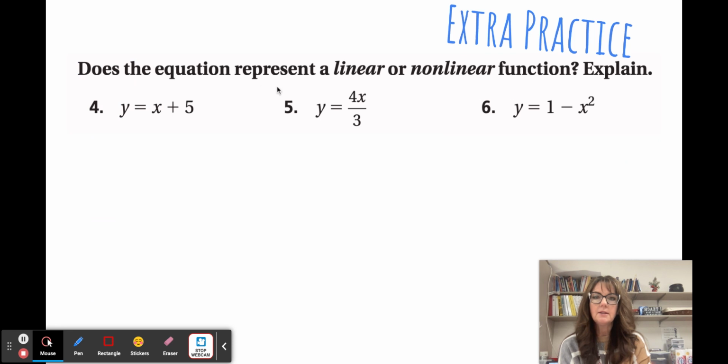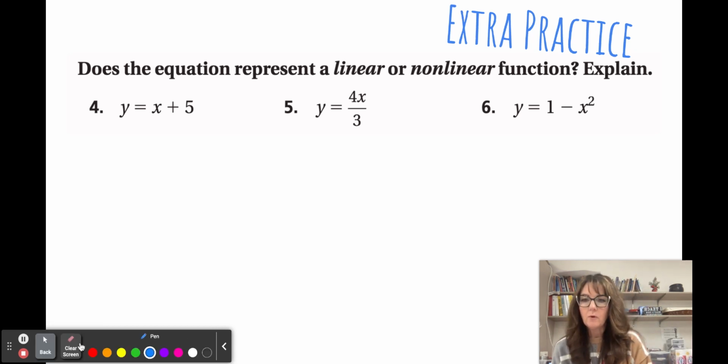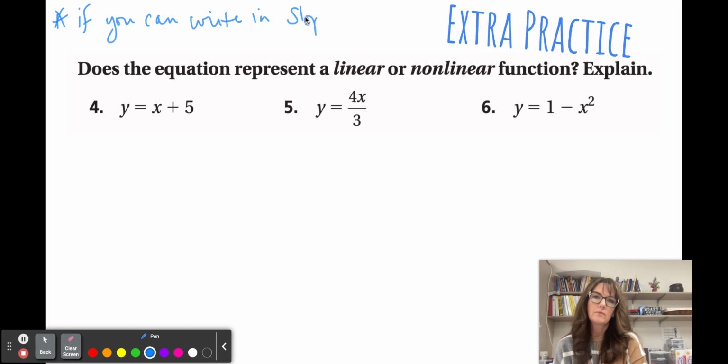All right. Does the equation represent linear or nonlinear? When we're doing this, just want to make a note here that what you'll want to look for is if you can write it in slope-intercept form, and that is y equals mx plus b.